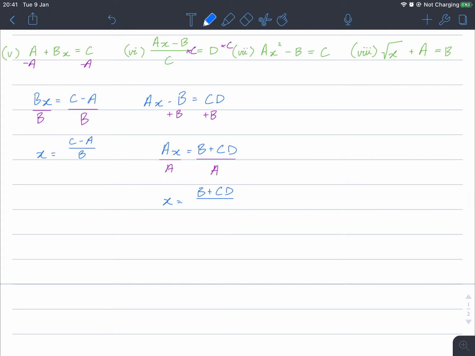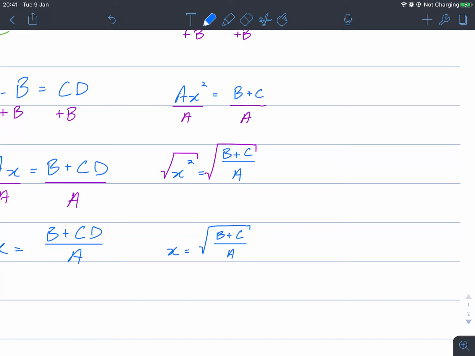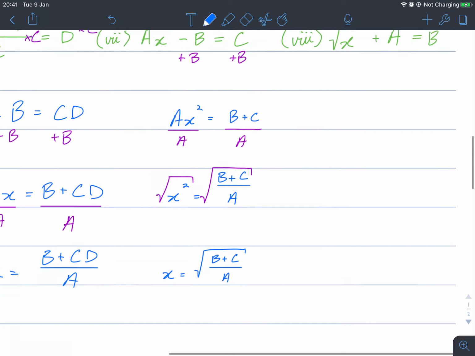Take the square root of both sides, leaving us with X by itself equaling B plus C over A, all square root.